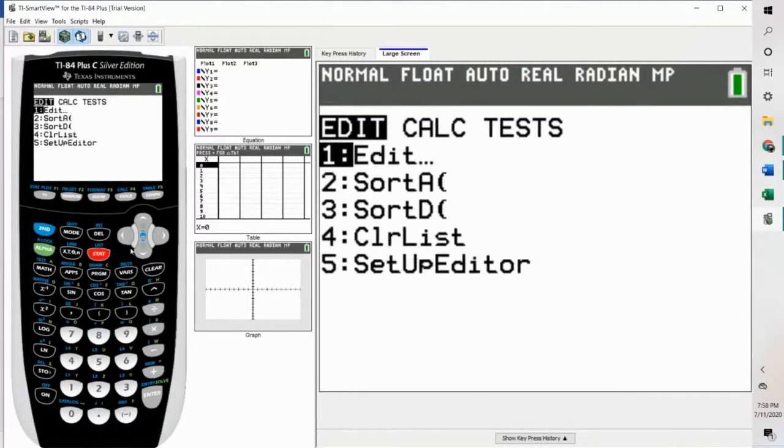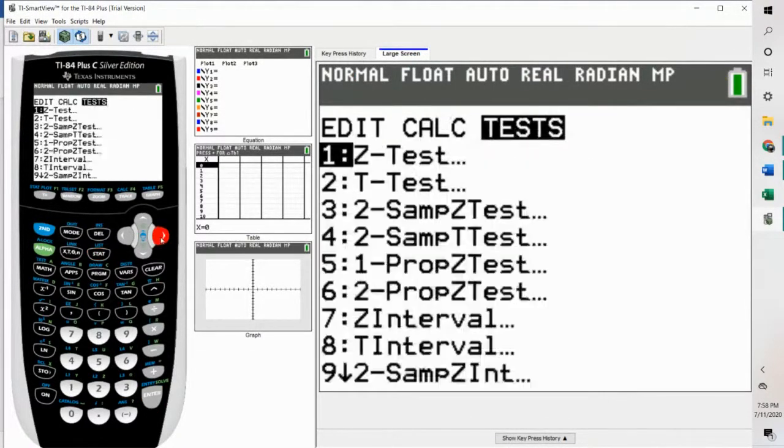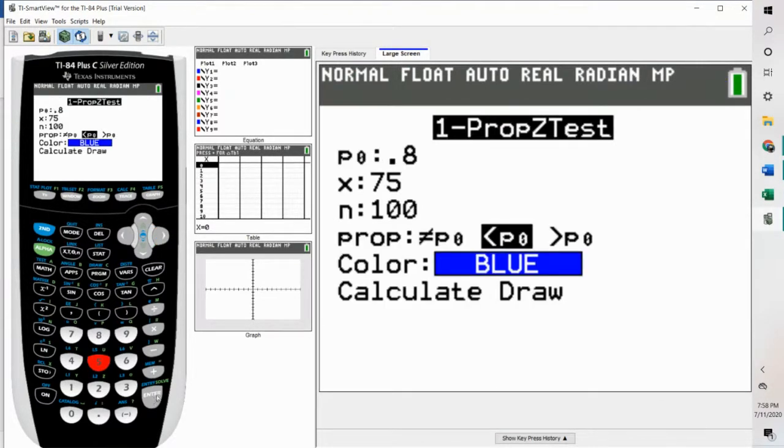We go to stat, over to tests. The proportion one is the number 5. We have 5, and it'll come up. Our null and alternative is 0.9. And we said there was 279 people out of 300. And we're testing not equal to.